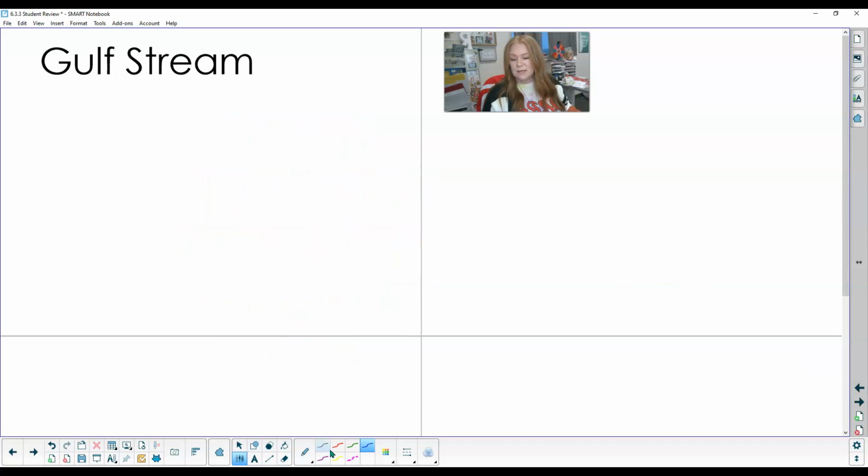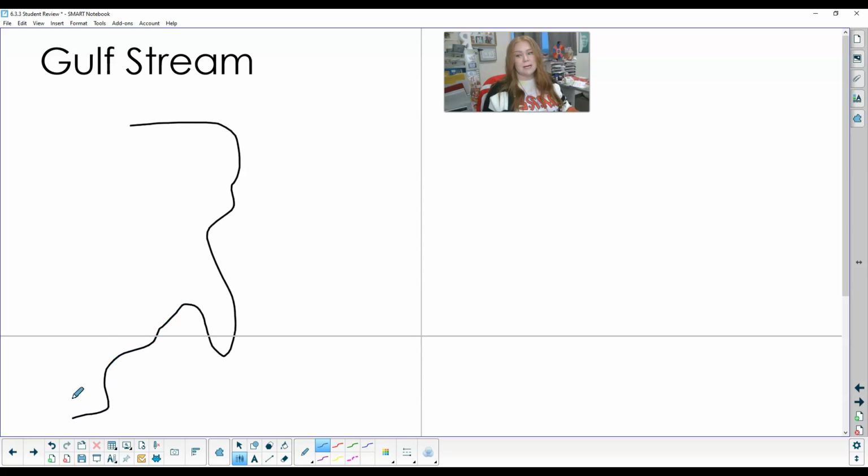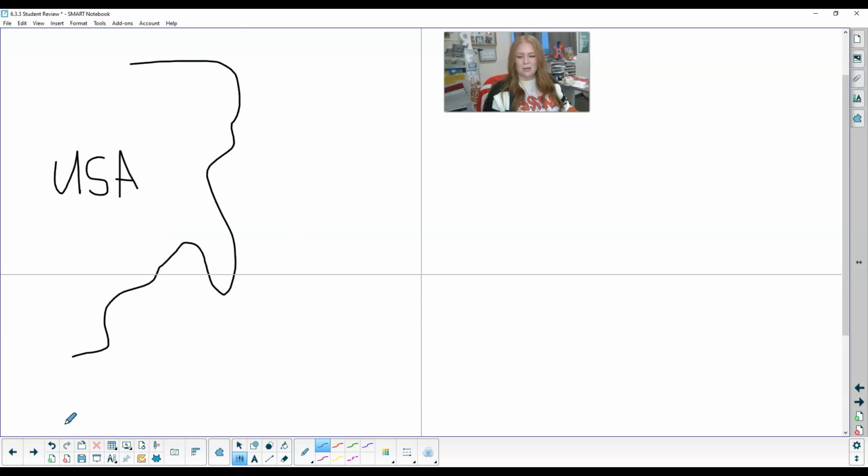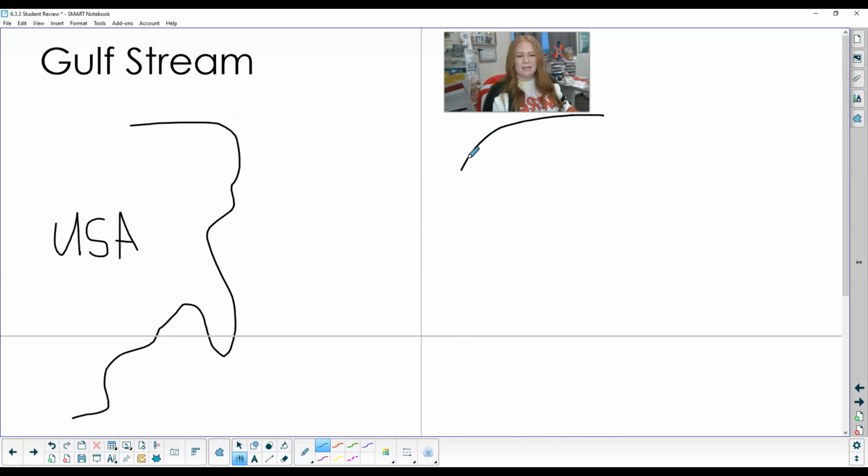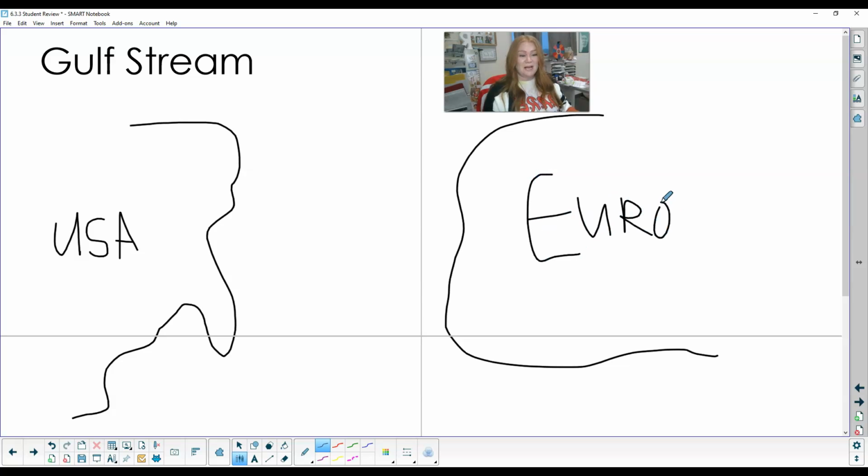Okay, and then our last one is the Gulf Stream. So over here, wow, I'm going to draw a really good picture right now. Over here we have the United States, and down here lower is our equator. It's down farther, but okay, and then over here we have Europe. This is why I'm not your social studies teacher.